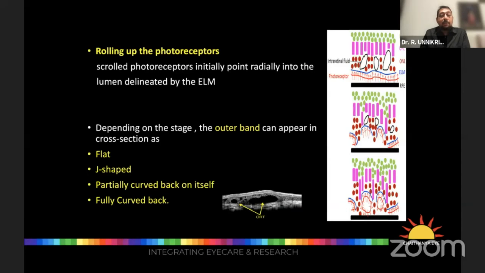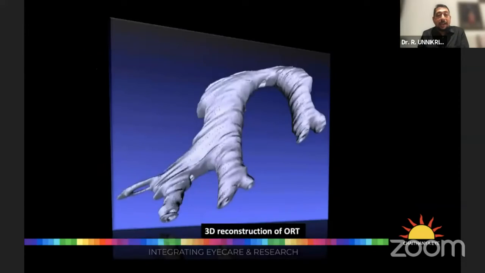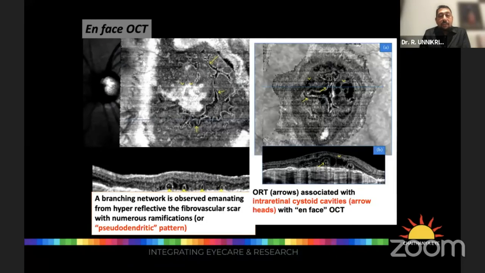There are 4 types: flat, where the ELM just separates, J-shape when the tip touches the RPE, and then it starts curving back on itself. This is a 3D construction of the ELM that is rolling and scrolling and containing the cells. The en face shows 2 images.